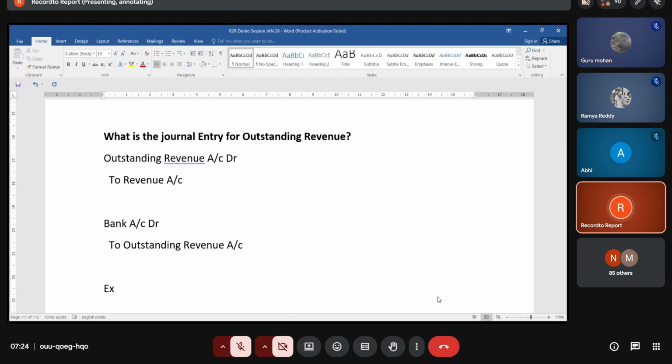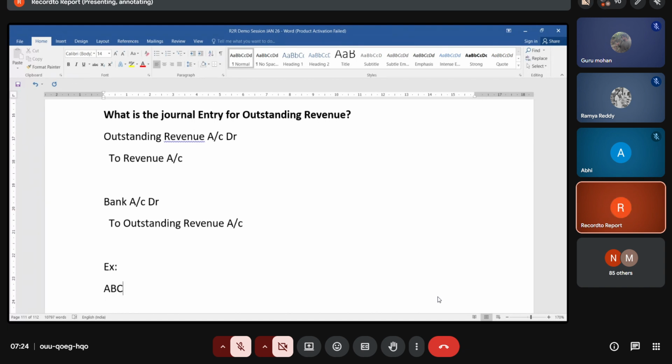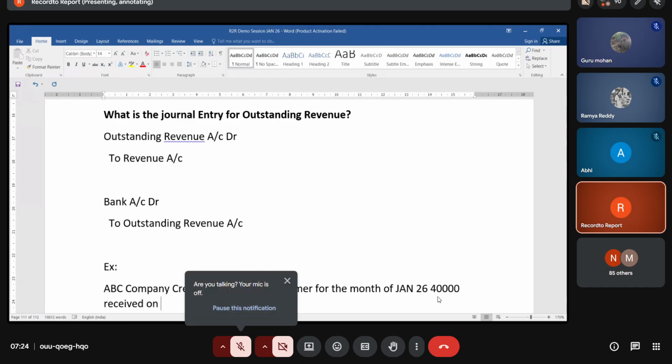See, example: ABC company, credit card bill from a customer for the month of January 2026, 40,000, not yet received on the 23rd of January.